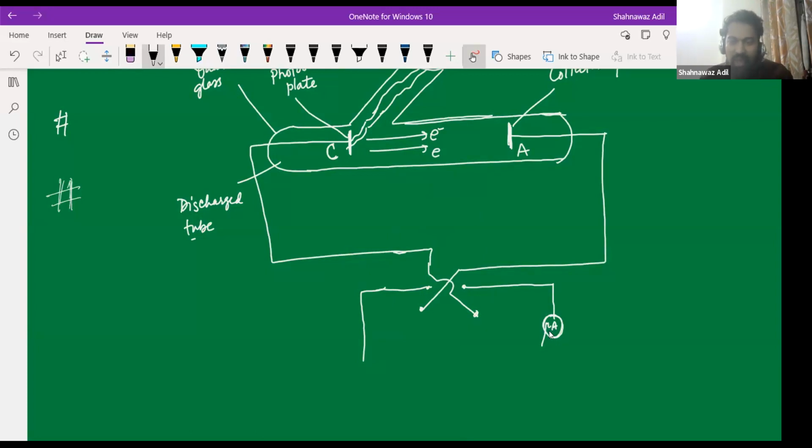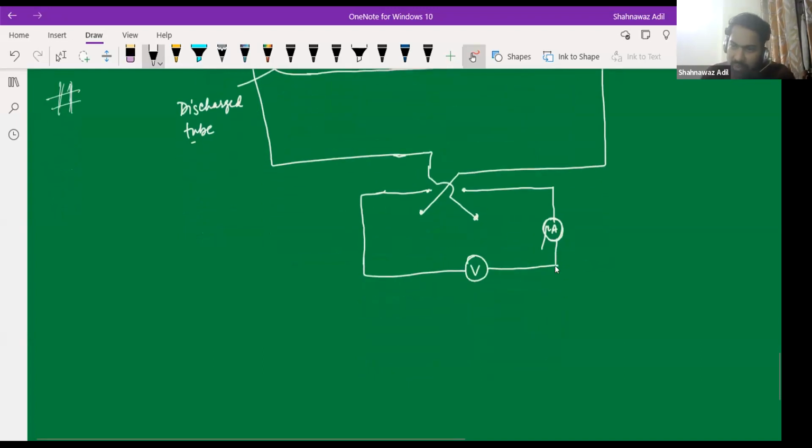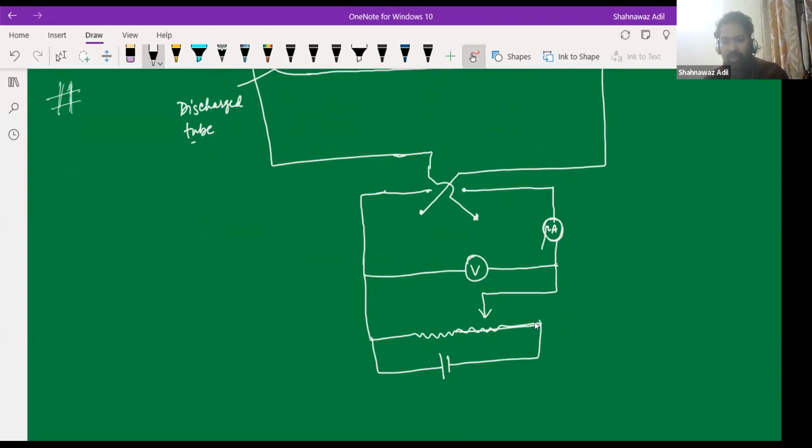Then we also connect a voltmeter to check the voltage across A and C. We can also add a rheostat so that we can change the potential through this device. This is the whole setup.